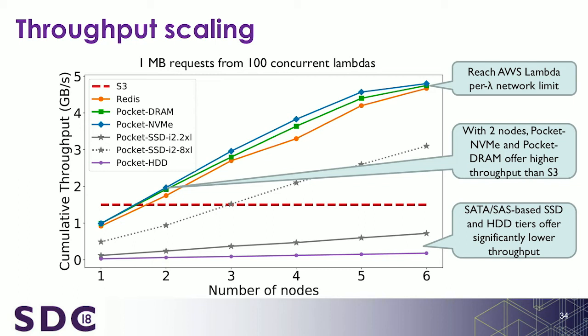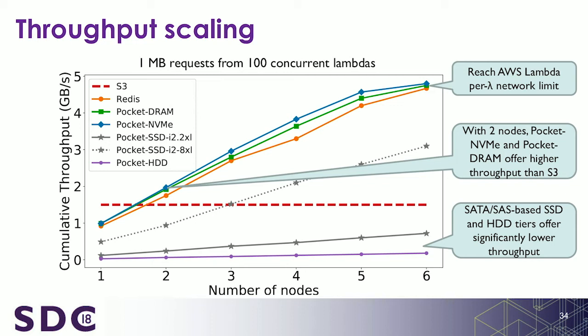Both the disk tier and the SATA SAS SSD storage provide lower throughput. The solid line here is particularly low due to low network bandwidth on these old generation instances, and that's why we have the dotted line using a larger instance that doesn't bottleneck on the network bandwidth, but instead bottlenecks on the actual SSD bandwidth.